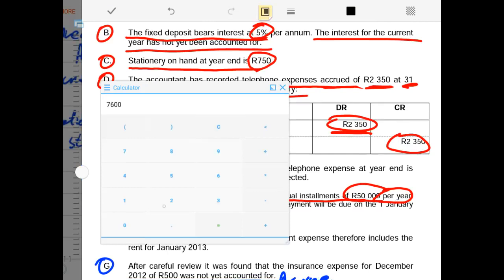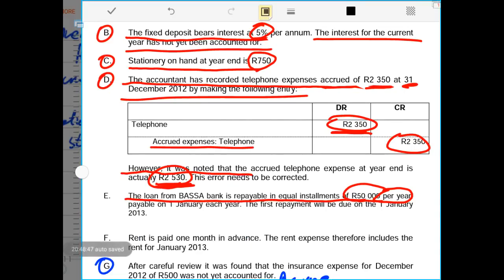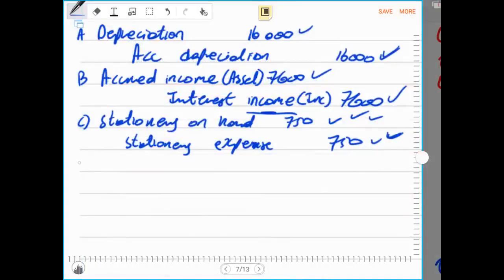So meaning now we have to say 2,530 minus 2,350, that will give us 180. And for that 180 we have to debit our telephone expense. We have to debit our telephone expense and debit our telephone as 180, and we credit our accrued telephone.